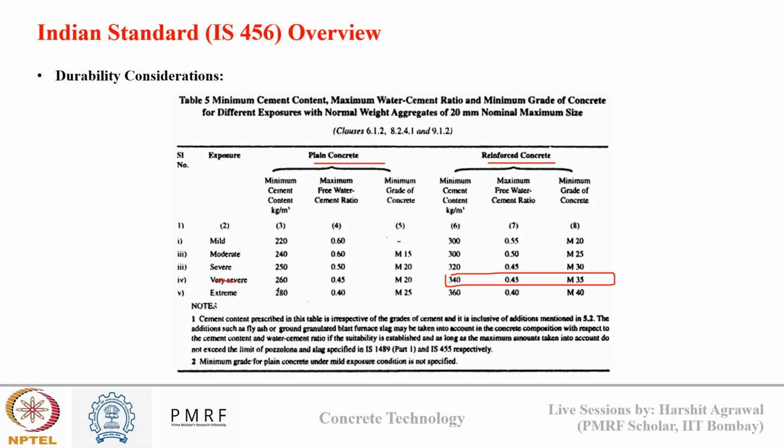My minimum cement content should be 340 kg per meter cube, maximum water to cement ratio should be 0.45, and the minimum grade of concrete that I need to prepare is M35 grade. So whatever values we are getting, we need to cross verify with this range before moving into the actual mixing of proportions. So this is how, during concrete proportioning, we use IS 456 to set the limits on different design parameters.